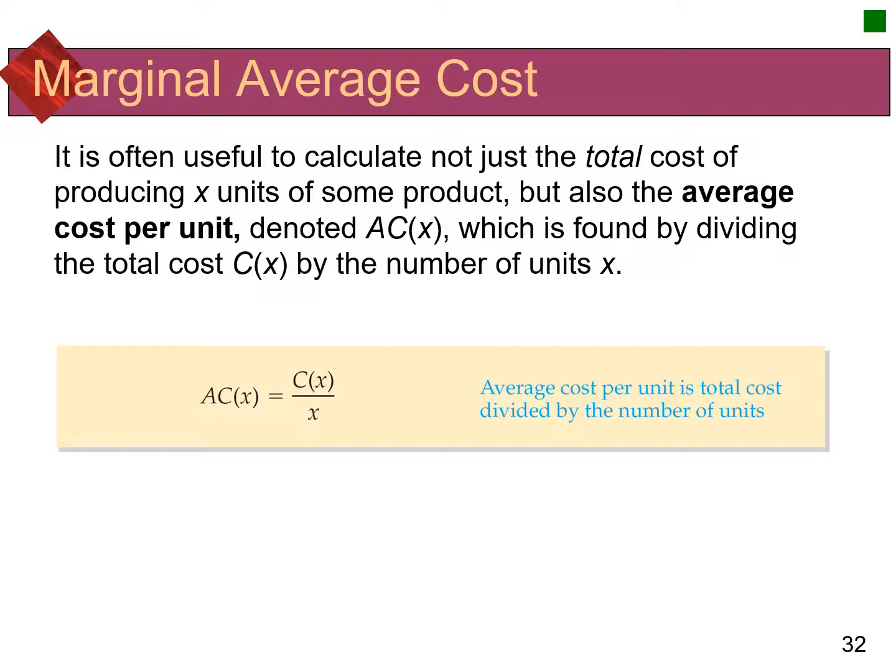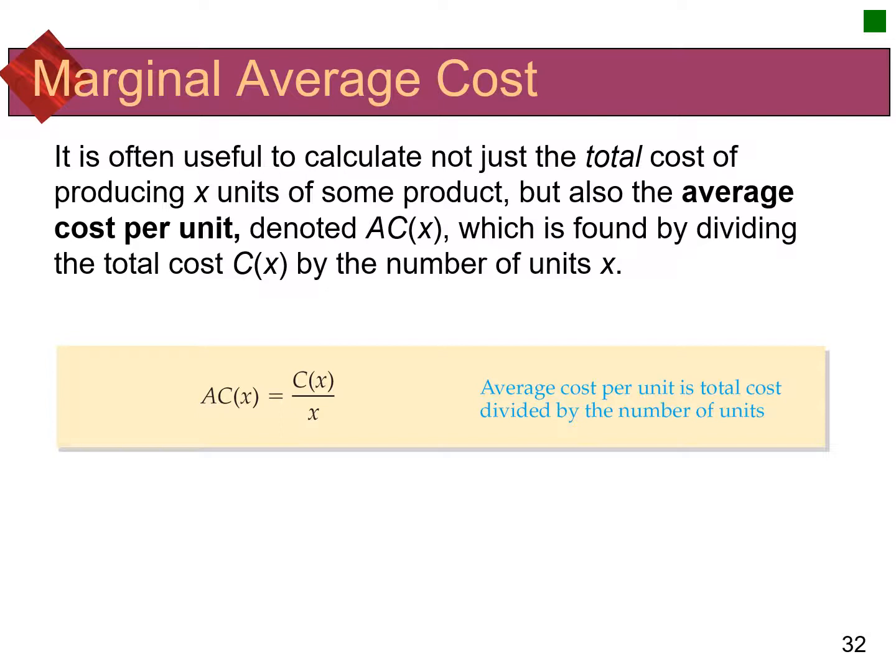In this example, I'm just going to go through the marginal average cost. I'm not going to have any interactive nature to this one, because it's just do what's being done here and a couple of examples I give you. It's often useful to calculate not just the total cost, but also an average cost per unit.